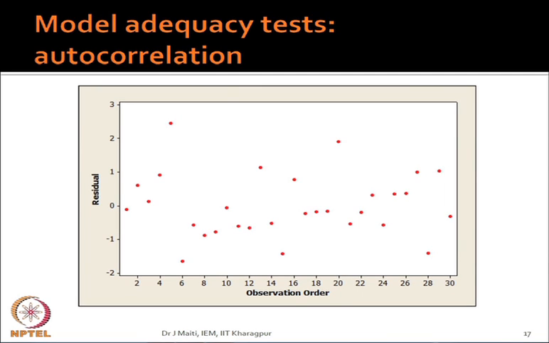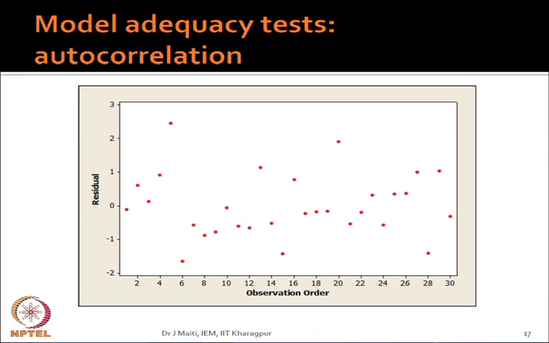Then autocorrelation: observations should not be serially correlated. For example, the first observation should not be correlated with the nth or ith observation. It may so happen that if you collect data over time, there will be a time lag. Maybe January data to next January data, next year's January data, there may be seasonal correlation.